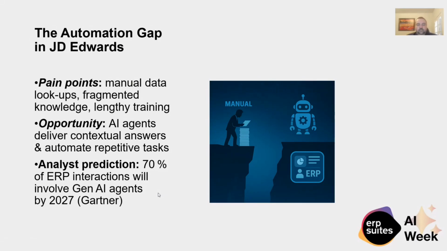But the Gen AI agent is really up to you if you want to integrate that or not. So is it going to be 70% of ERP interactions for all JD Edwards EnterpriseOne customers? I'd say no, it's probably lower than that, but you have the ability to drive that forward.